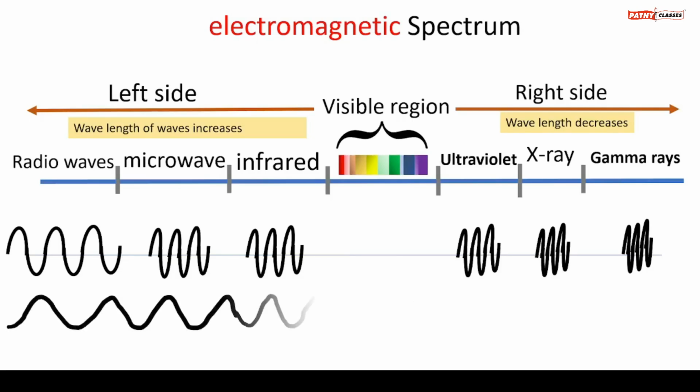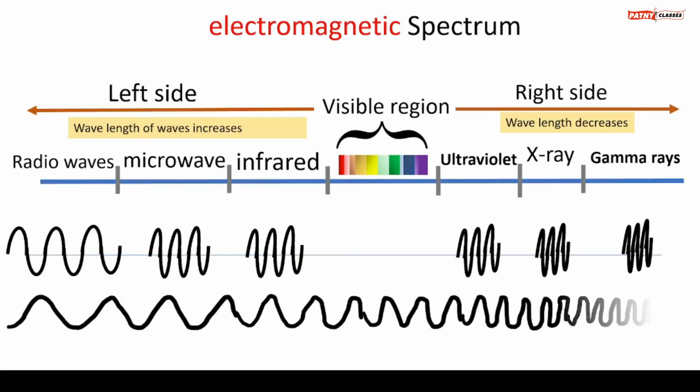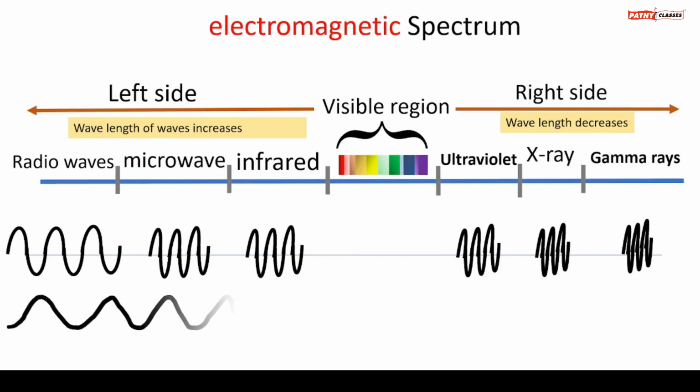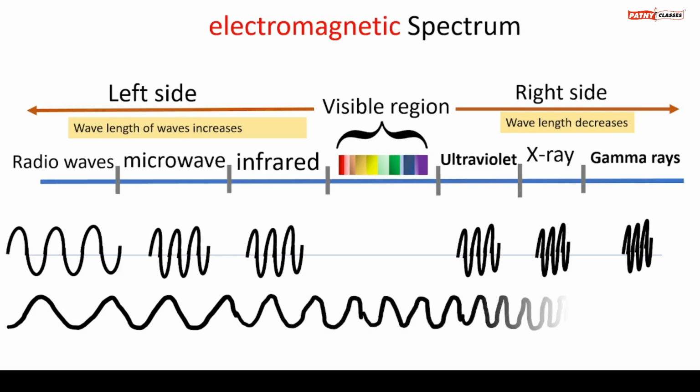The values of wavelength for the electromagnetic spectrum are as follows.